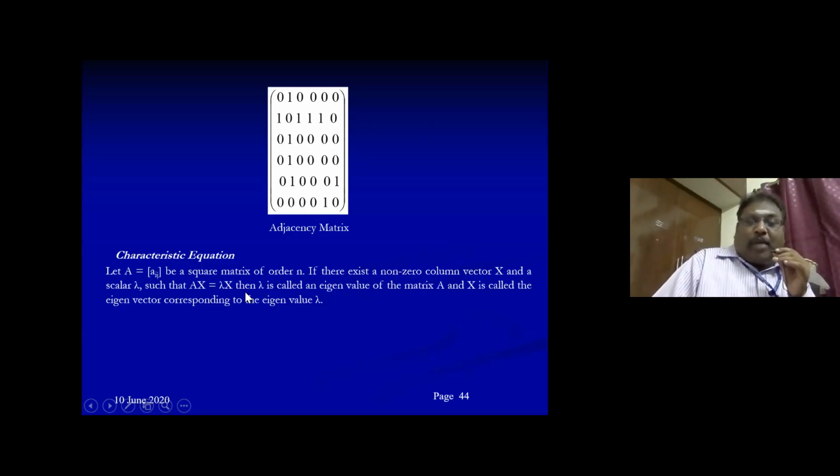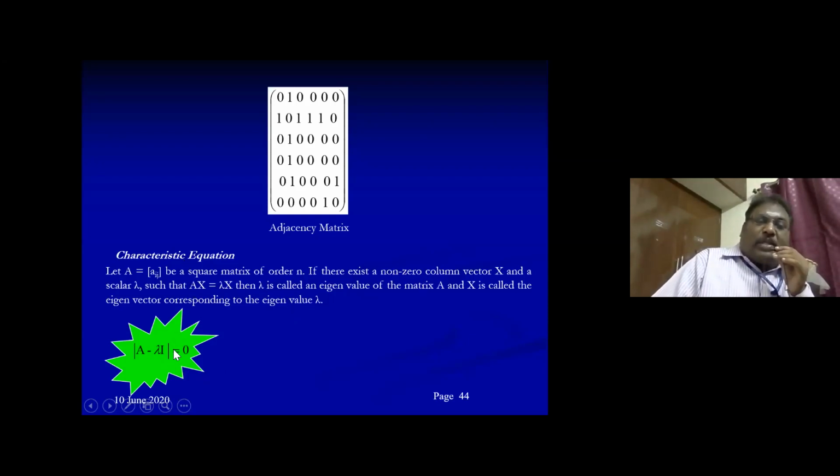Ax equal to lambda x. If Ax is equal to lambda x, then I say lambda is the eigenvalue of the matrix A and x is called the eigenvector. And this particular equation, determinant of A minus lambda I equal to 0, is called the characteristic equation.